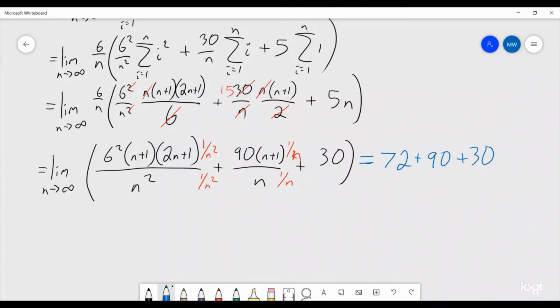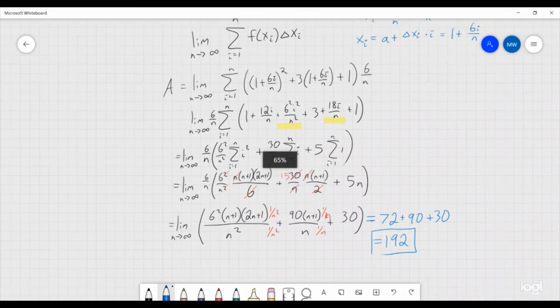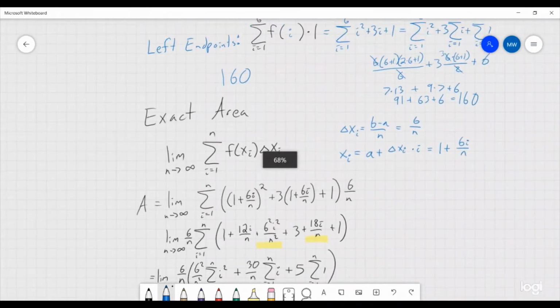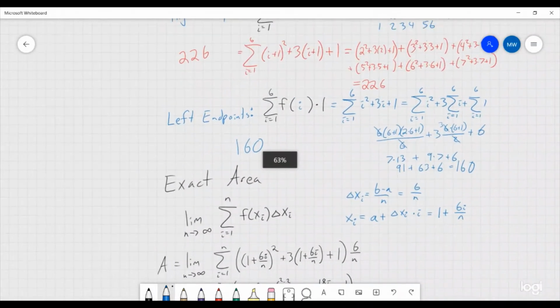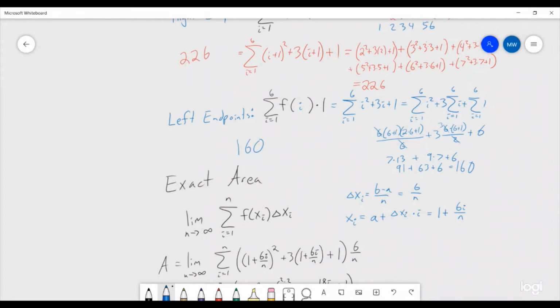So the true area is going to be all of that added together, so 102 plus 90, so the true value is 192, which our left and right endpoints were pretty close. One was a little bit bigger, one was a little bit smaller, but they are both pretty close to the right answer.